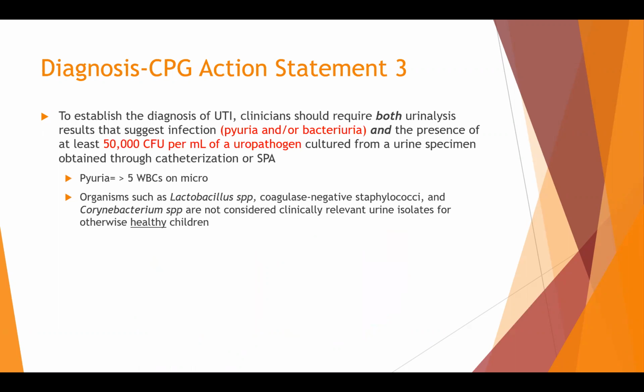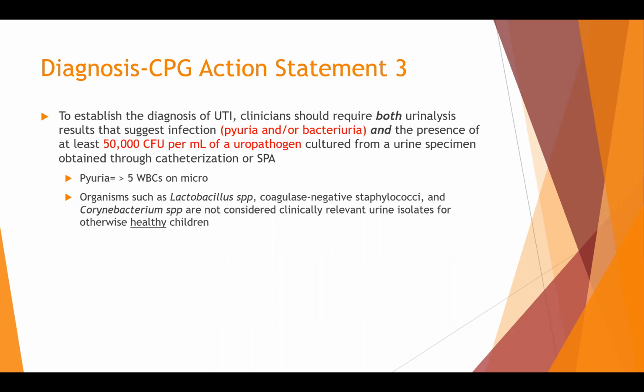All right, so our third action statement is about the diagnosis of a UTI. In order to establish the diagnosis, we have to have both a urinalysis that suggests infection, whether that is pyuria or bacteriuria, as well as the presence of at least 50,000 colony-forming units of a culture from a urine specimen obtained through catheterization.